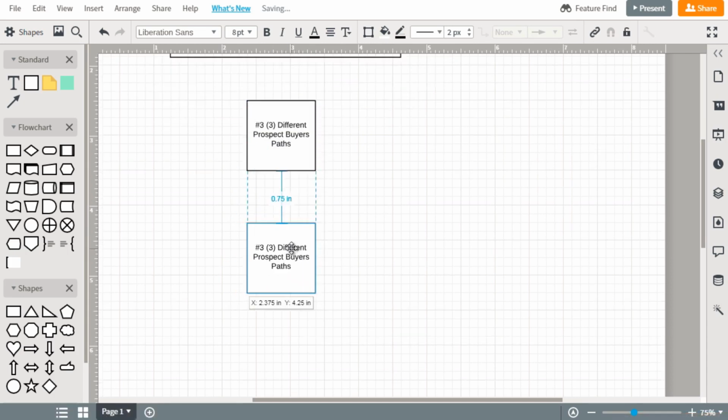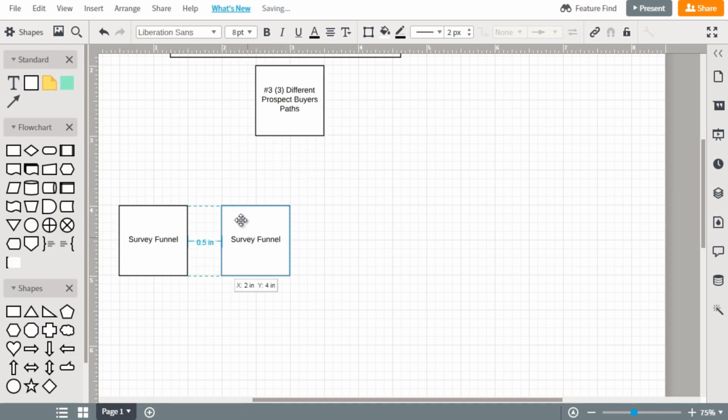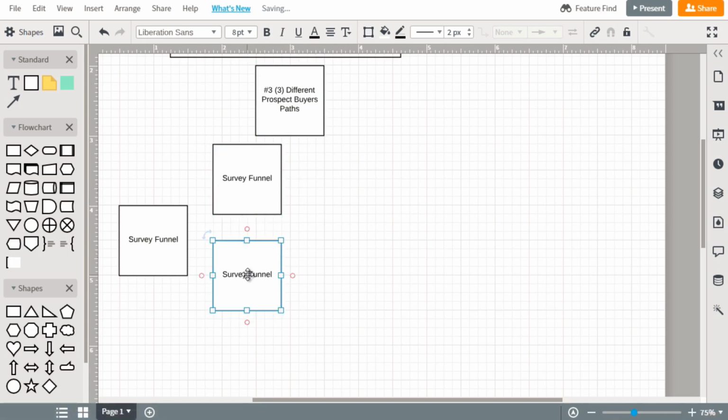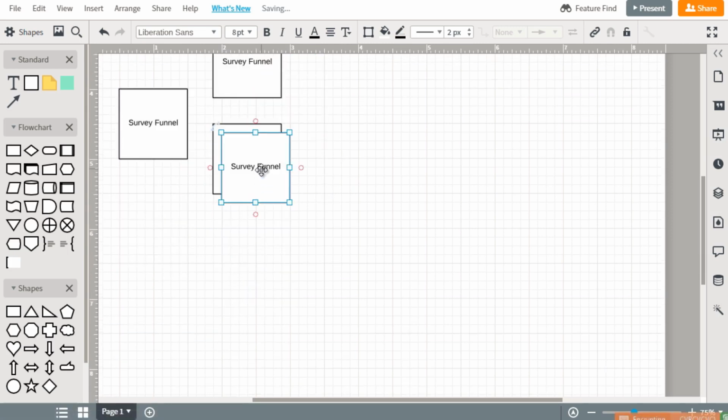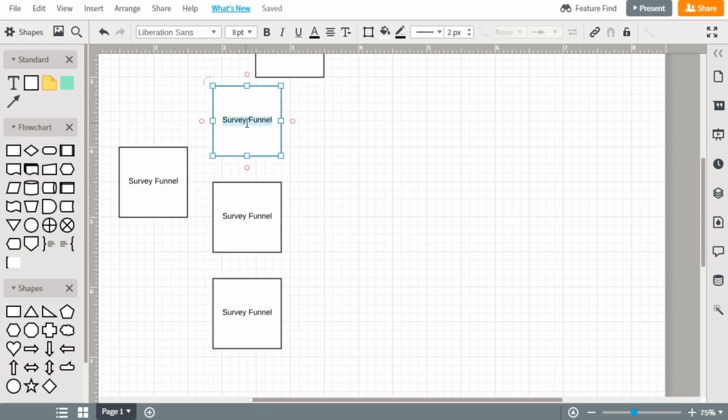So here is where we start the funnel. We'll call this the survey funnel, and there are going to be 3 different paths. So I'll put this one here: 1, 2, and 3. So do path 1, path 2, and path 3.